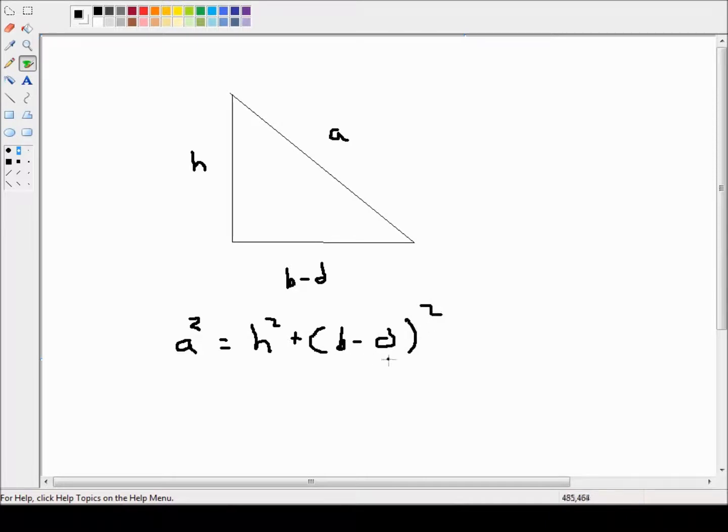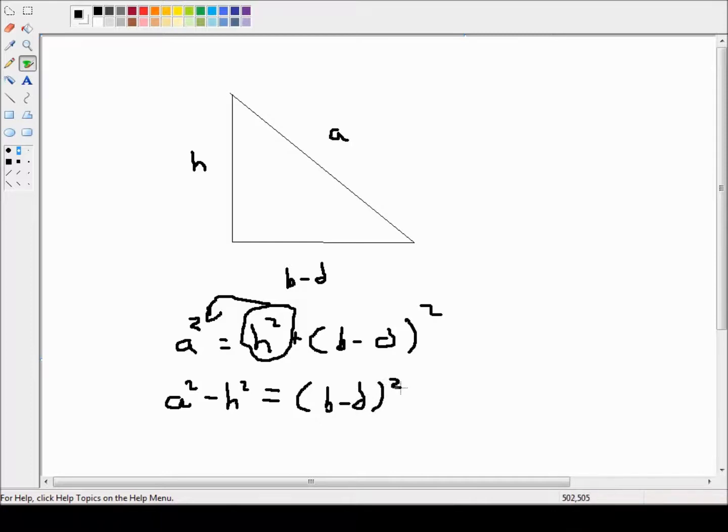Now if we want to get b minus d squared on the left hand side, we can take this h squared across, so the sign becomes negative. What we're effectively doing is subtracting h squared from both sides. So this is a squared minus h squared is equal to b minus d all squared.